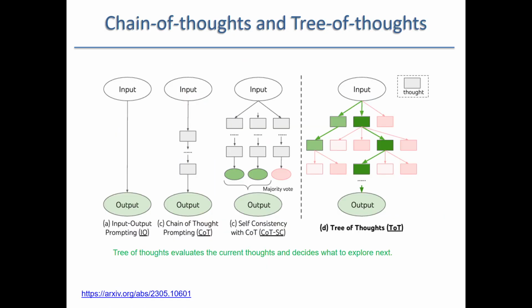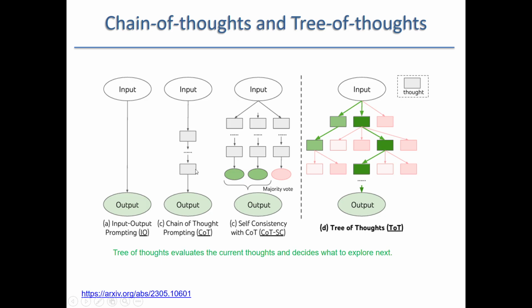And we can compare this chain of thought with a new approach that is called tree of thoughts. So we have no chain of thought, no thought, that is input, and then we produce an output. Then we have the chain of thought prompting, in which there are multiple intermediate steps.